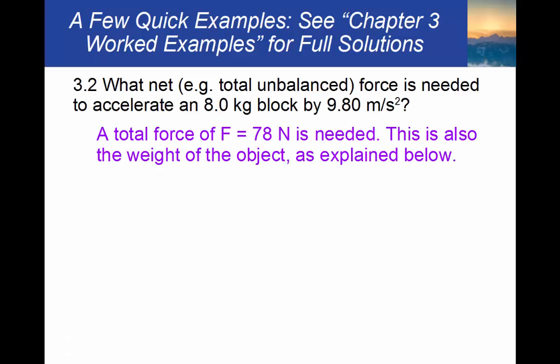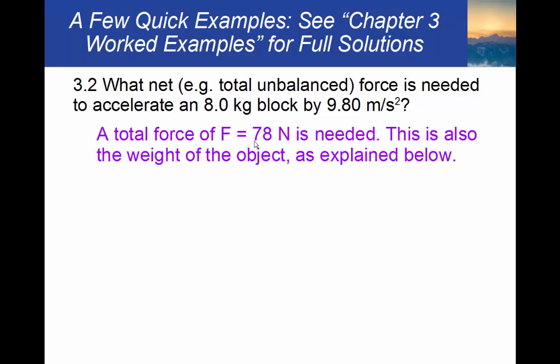And of course, we should round to the correct number of significant figures. Since this was 8.0 kilograms, the correct number of significant figures is 2, because there's 2 here and 3 here. So that means that our total force is actually going to be recorded as 78 newtons.